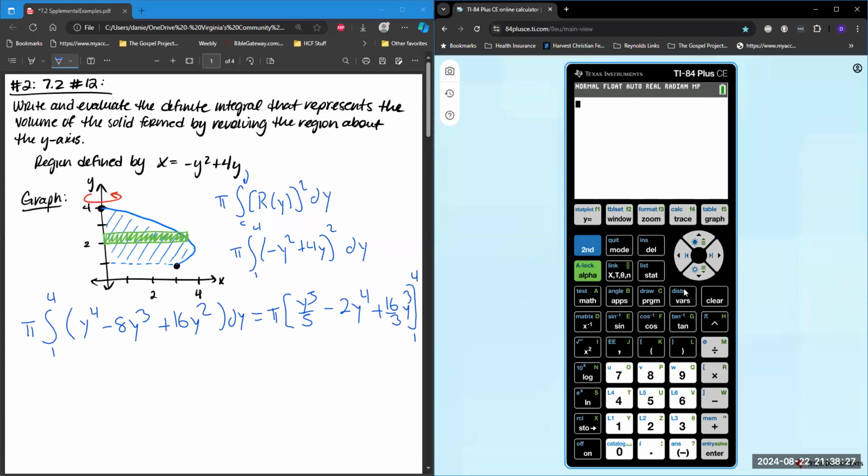Awesome. So I'm going to go into vars, y vars function, y1 of 4 minus, and then vars, y vars function, y1 of 1.